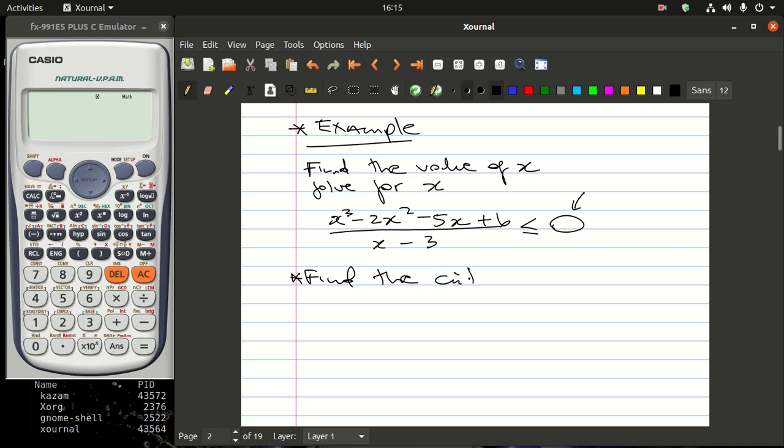Find the critical values. Now, if you want to solve an inequality, you need to make sure that you get rid of that idea of wanting to cross multiply. We are not cross multiplying anything here. And that idea of factorizing and canceling if there is a common factor in the numerator and the denominator, we are not canceling anything here.